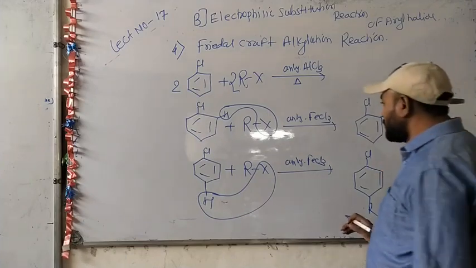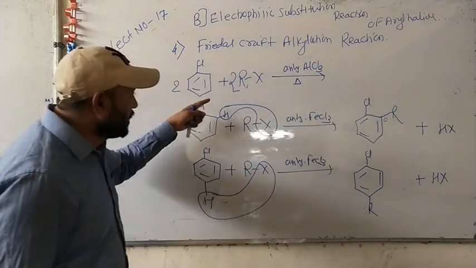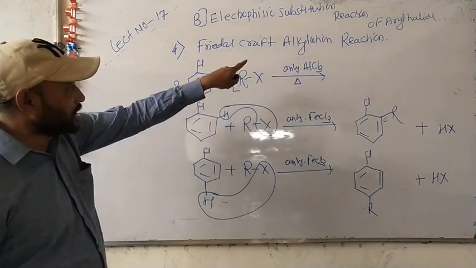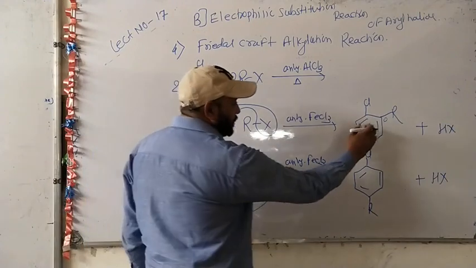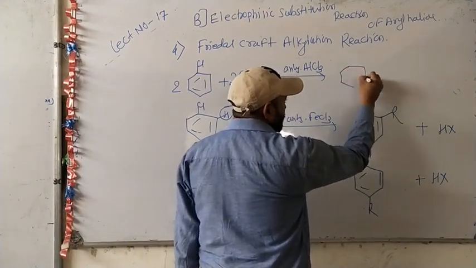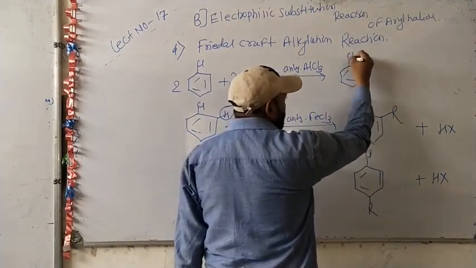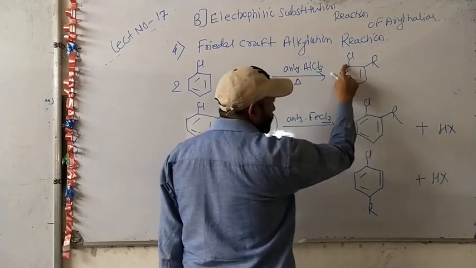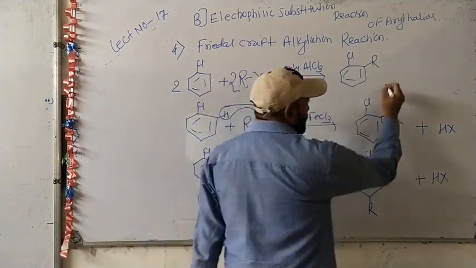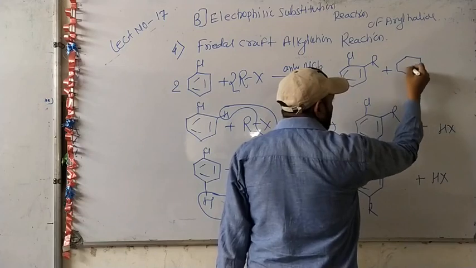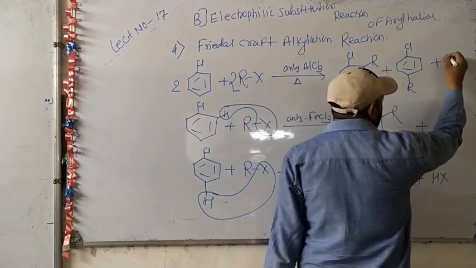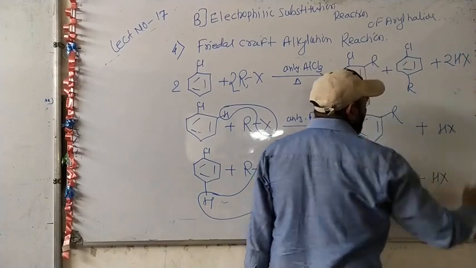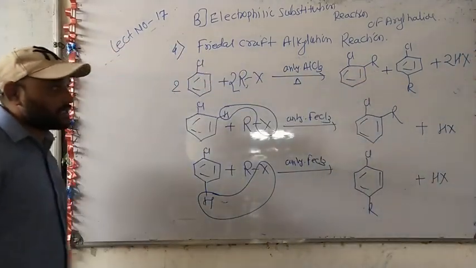So two products are formed when Friedel-Crafts alkylation is carried out over chlorobenzene. One is ortho-chloroalkyl benzene, and the second is para-chloroalkyl benzene, along with two types of halo acids.